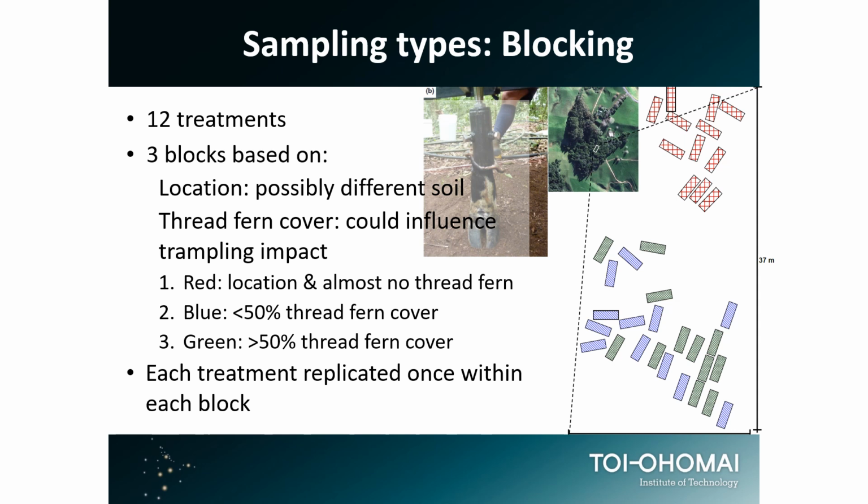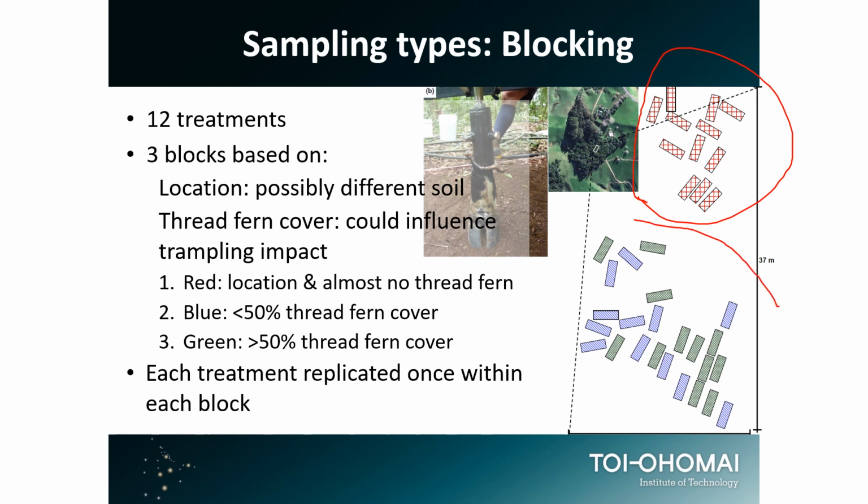So the thread fern might affect where the cows are trampling, and so you're going to have blocks that are homogeneous for thread fern cover, and then you apply your treatments to those, and then you look at the differences within those blocks. So you can look at all the red ones here, and you've kind of controlled for that thread fern cover.